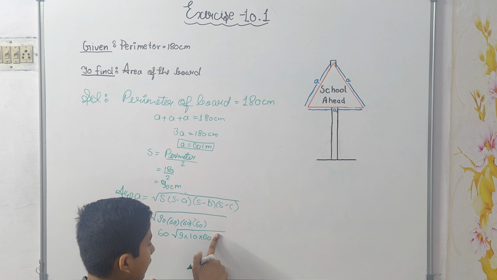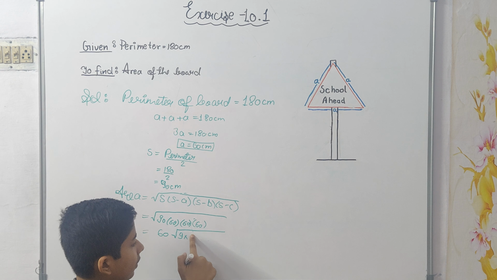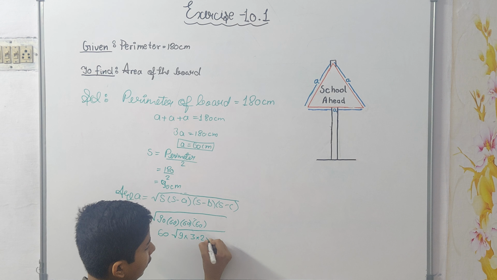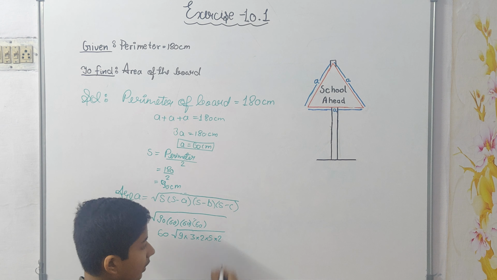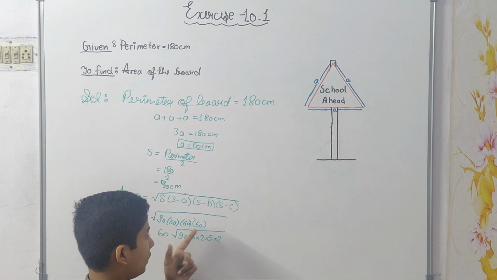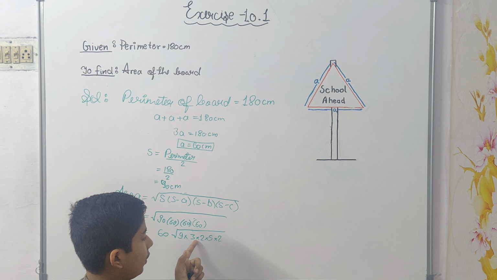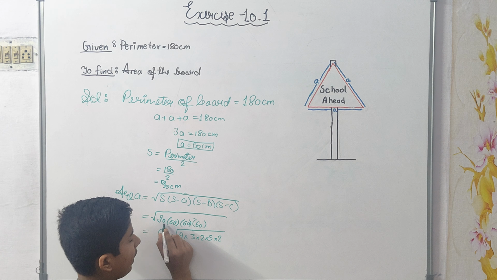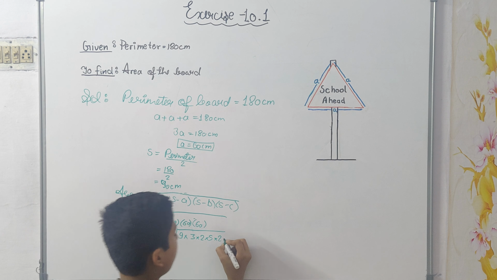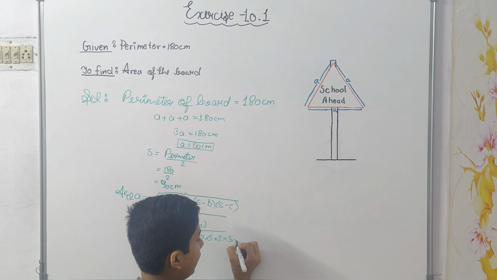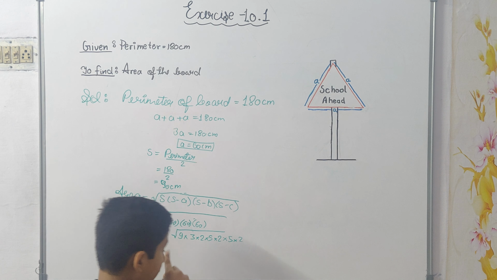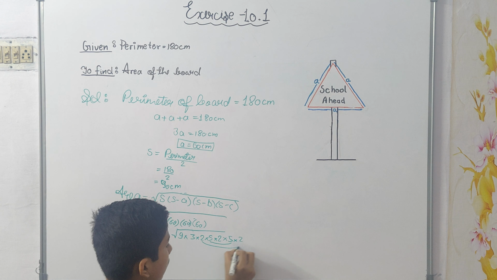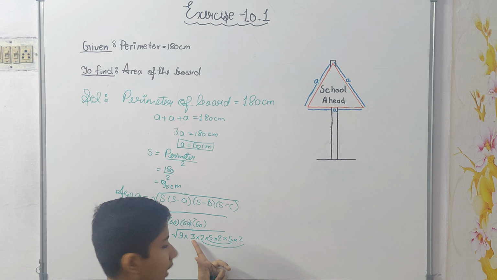60 can be written as 3 into 2 into 5 into 2, and 90 can be written as 9 into 5 into 2. So 5 can make a pair, 2 will make a pair, and 2 and 3 are left.